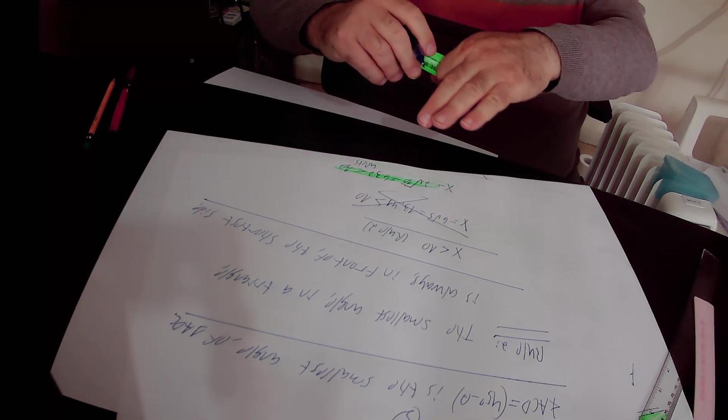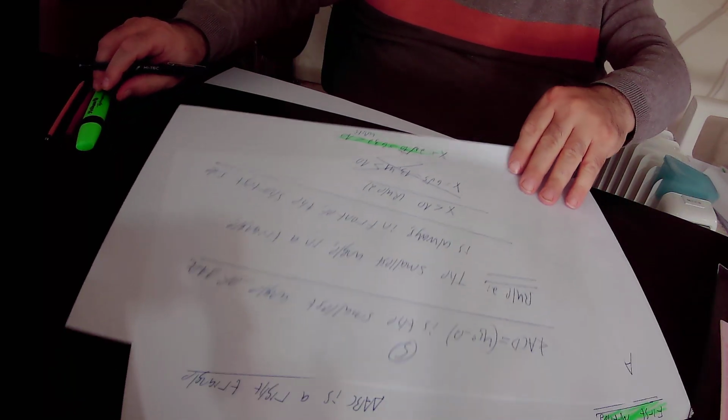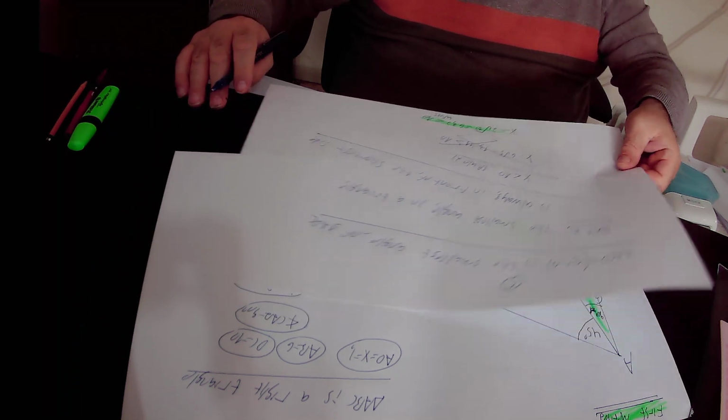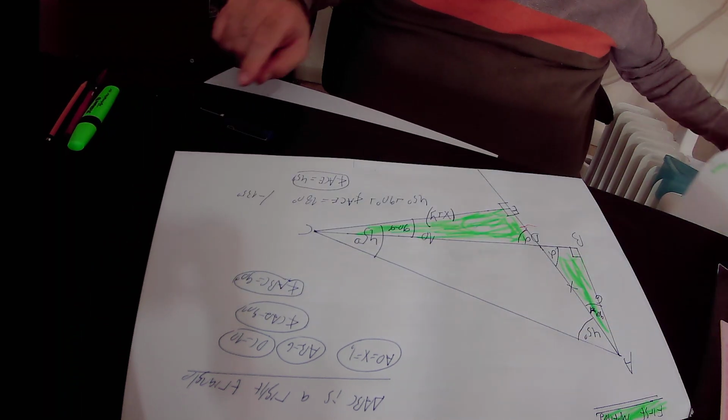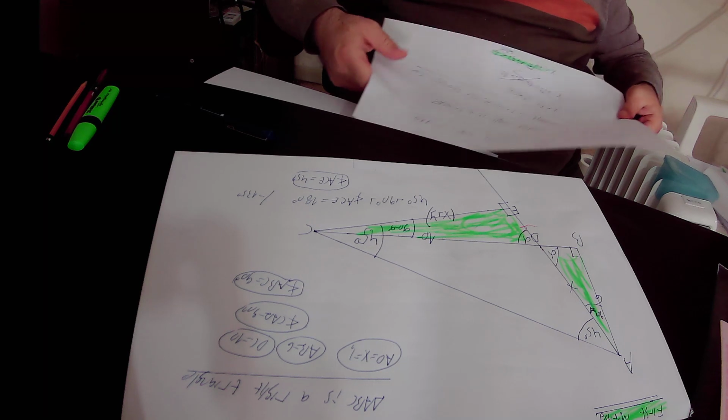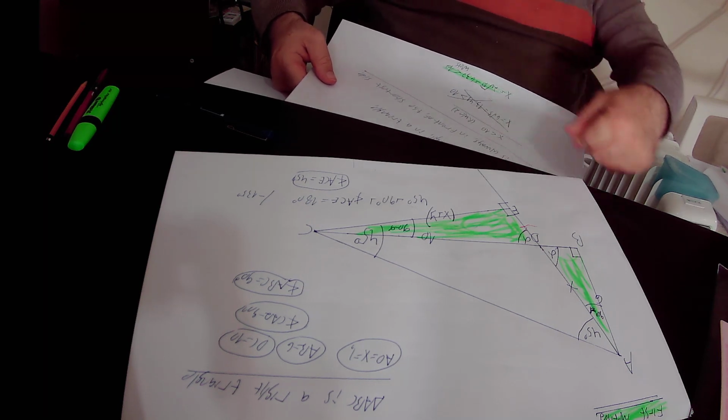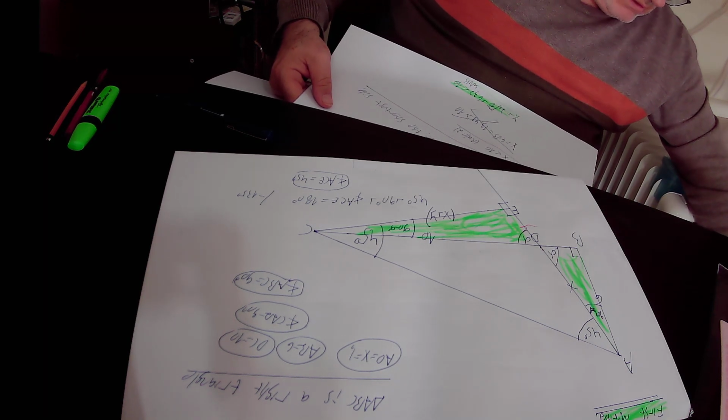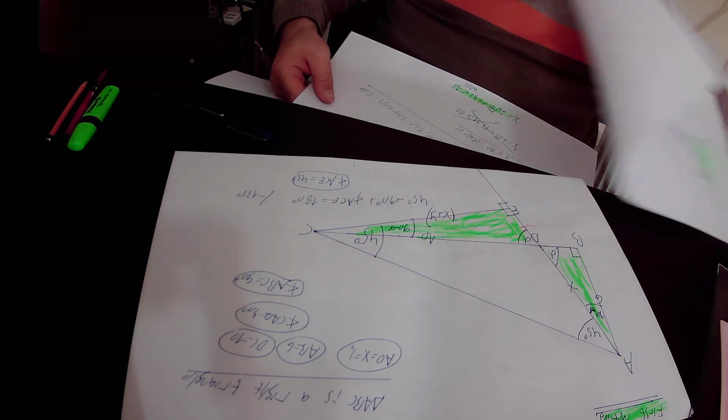In the next step, I present to you how to find the length of line segment X, which is equal to AD, according to the second method.